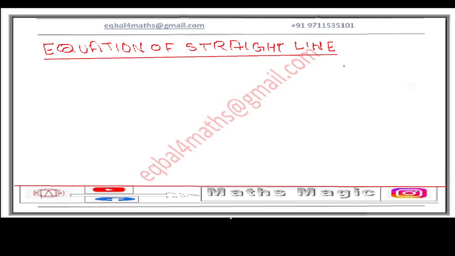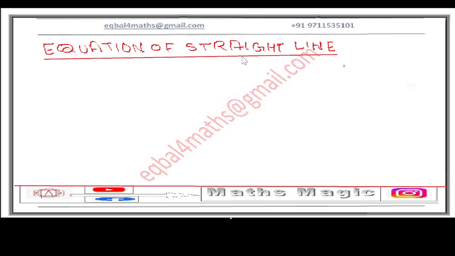What are the important points of equation of a straight line? First is the gradient. So how can we find the gradient if two points are already given? To find the equation of a straight line, we have to use the formula y = mx + c, which is called the gradient-intercept form.